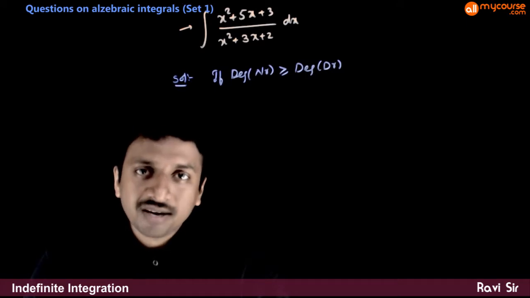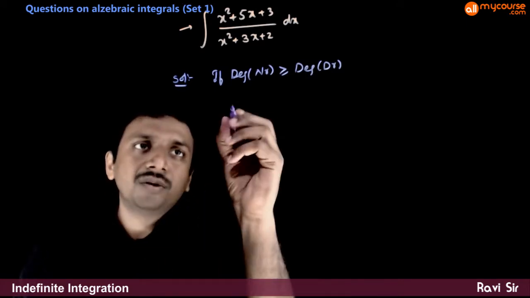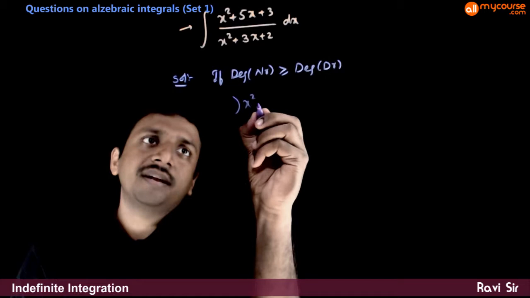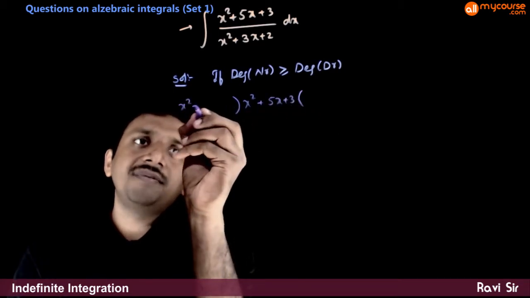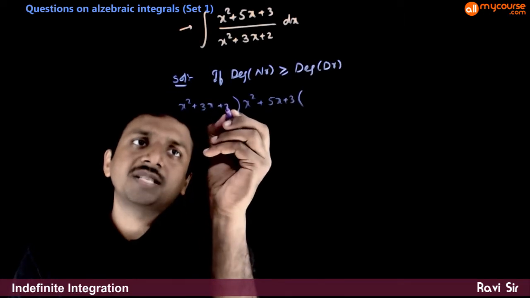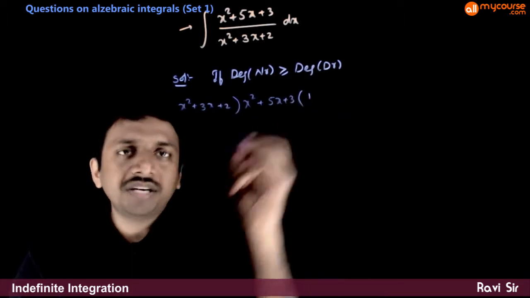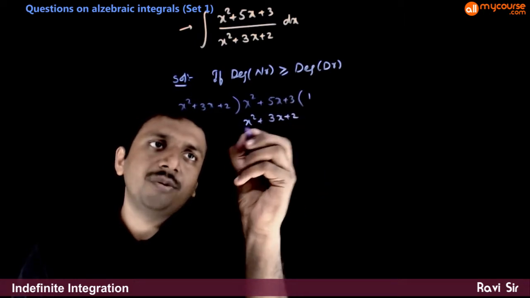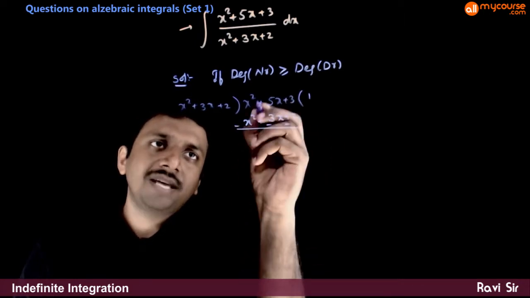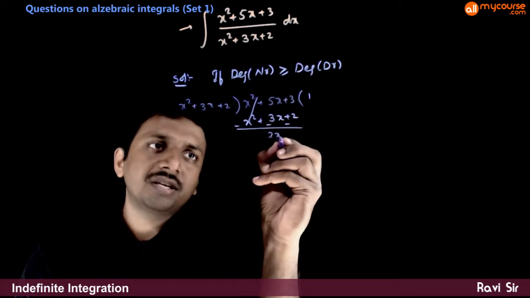You do the general division. So we can see x square plus 5x plus 3 divided by x square plus 3x plus 2. The quotient is 1. So you have x square plus 3x plus 2, minus, minus, minus. The remainder is 2x plus 1.